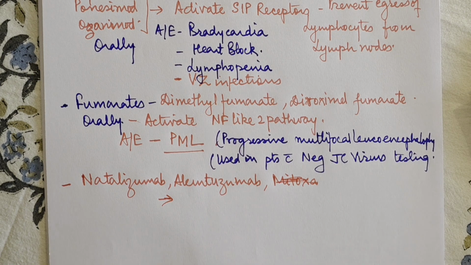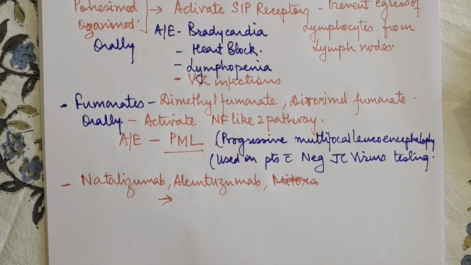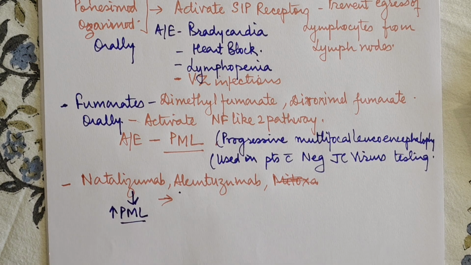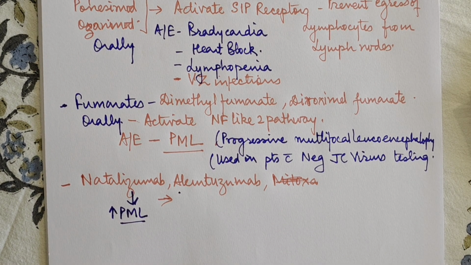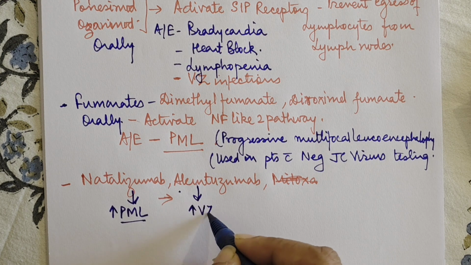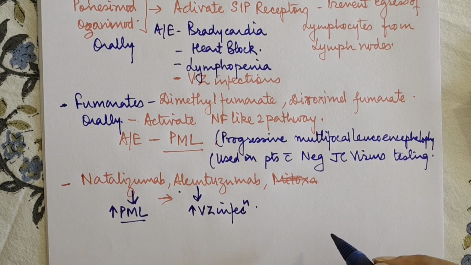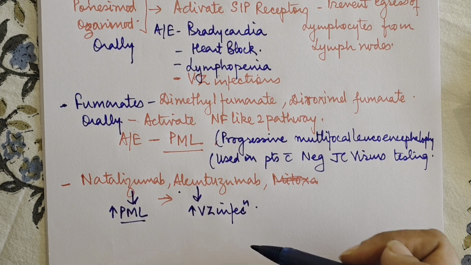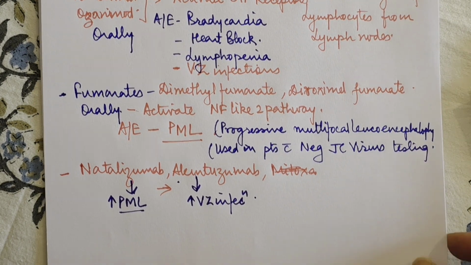Okay, let's take natalizumab and alemtuzumab. Natalizumab is very effective, but again natalizumab also increases the risk of progressive multifocal leukoencephalopathy, right? And the other drug alemtuzumab can also result in increased varicella zoster infection. So if the disease activity continues despite the first line drugs, that is fingolimod and fumarates, then you can give natalizumab, alemtuzumab and other drugs.